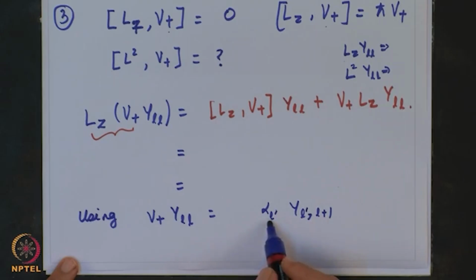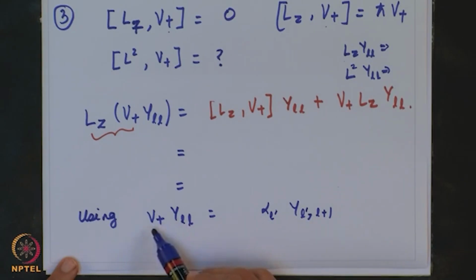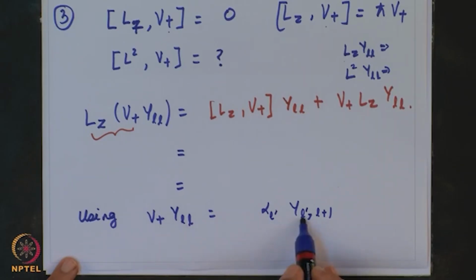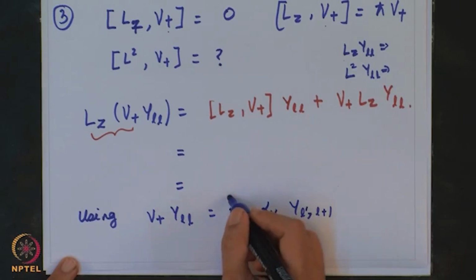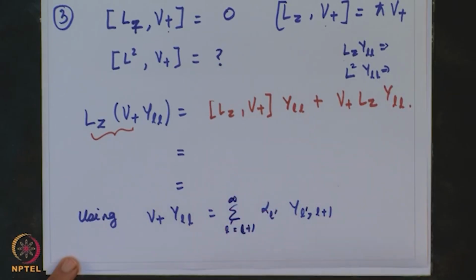So, we assume that it is not a trivial operator and it may change L to L plus 1. Using this hint you can evaluate the second part of the relation that you have to obtain.